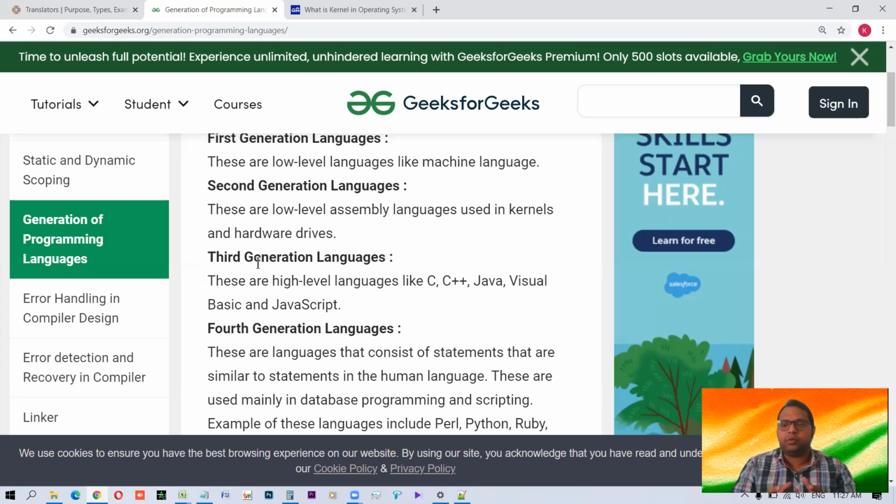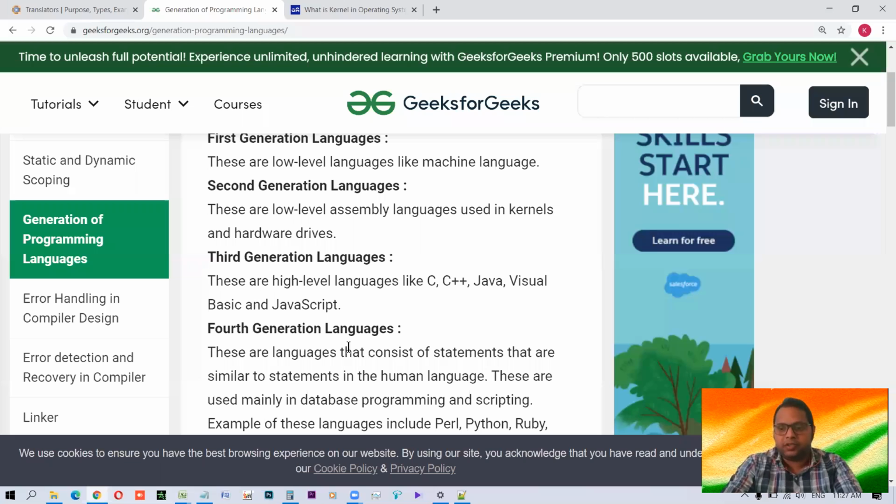Now, since the computer was getting better and better, its capacity was growing so much, we needed a proper, strong language so that we could express our ideas and instruct a computer in a proper way.